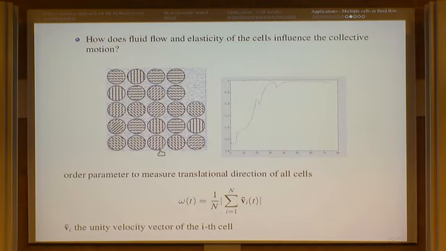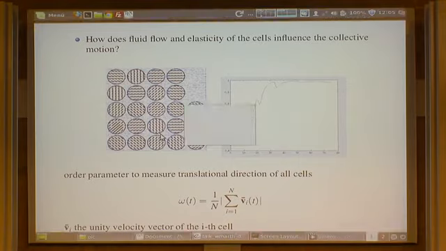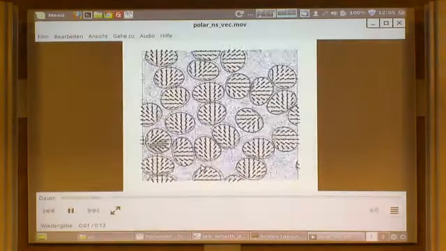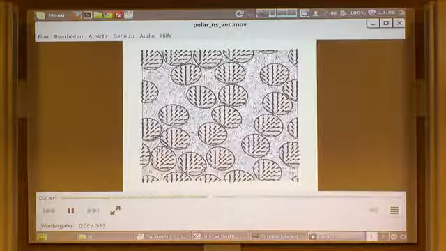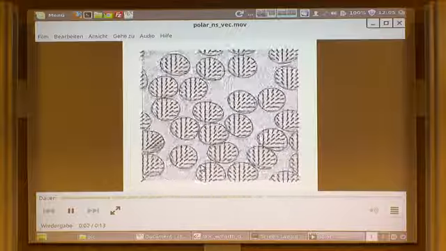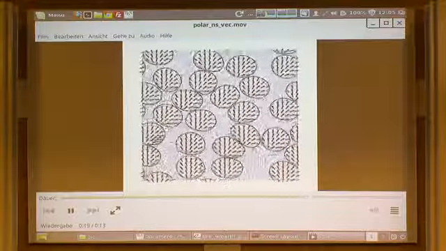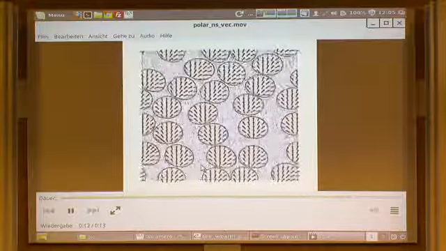So we have now multiple cells, and what you see here are the initial conditions with the polarization field, randomly chosen, each pointing in another direction. If we start this simulation, the blue arrows are fluid flow, and after a while we see that these cells are aligned and moving in one direction.